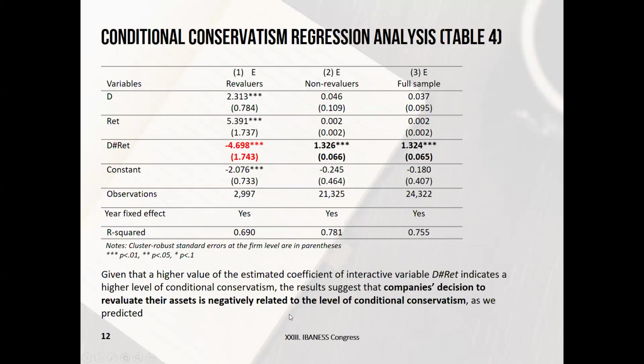And the final main results on conditional conservatism regression analysis are in table 4. Regression results based on Basu's model demonstrate clear differences in conditional conservatism levels. Non-revaluers exhibit significantly positive coefficients on the interaction term, indicating higher conditional conservatism.